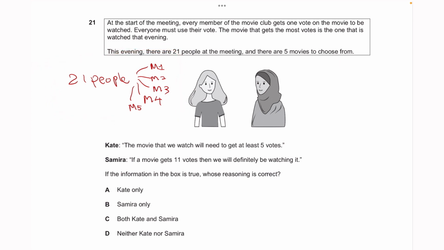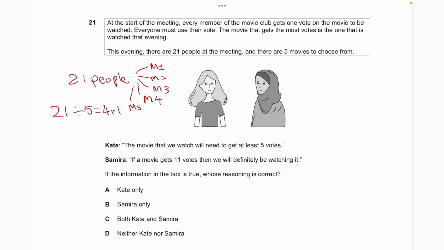Now, there are 21 people and there are 5 movies to choose from. And so Kate says this. The movie that we watch will need to get at least 5 votes. Well, if you think about it, boys and girls, for it to be an equal chance, each one would have to get at least, there are 21 people, so it's an odd number of people. But if we actually did 21 divided by 5, that would be 4 remainder 1.